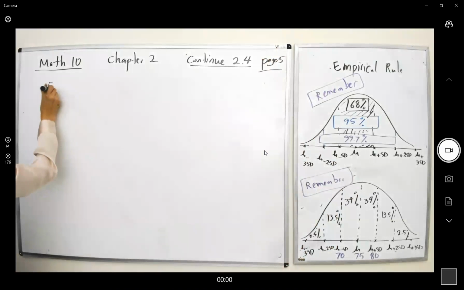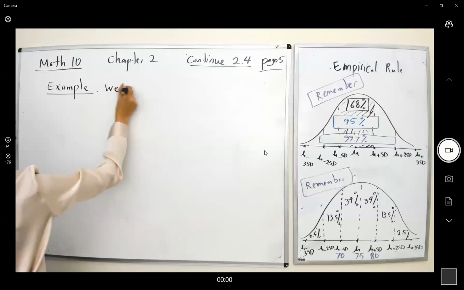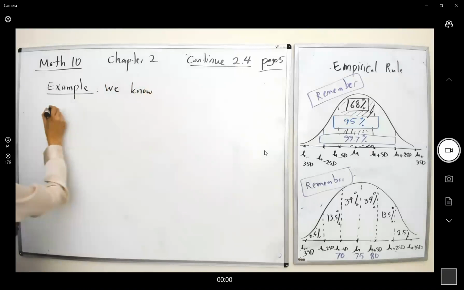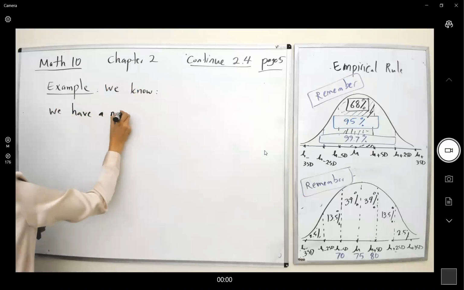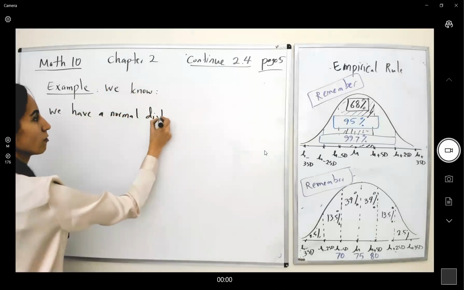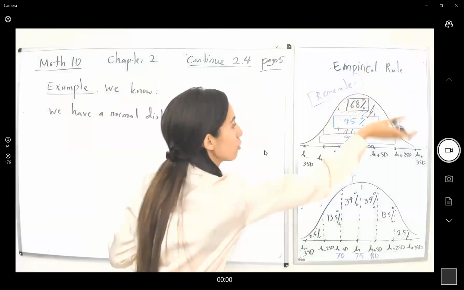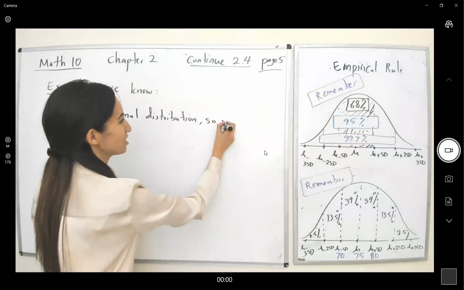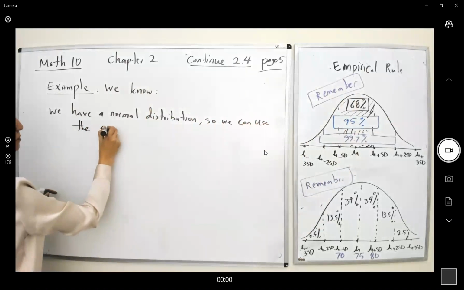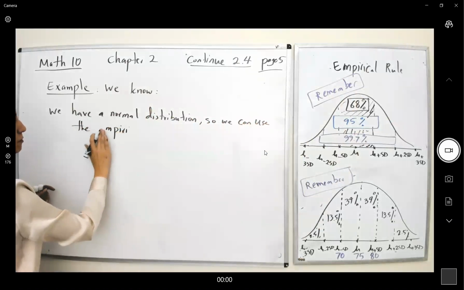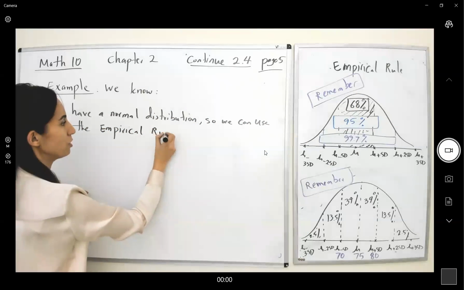In this example, we have a normal distribution, so we can use the empirical rule.